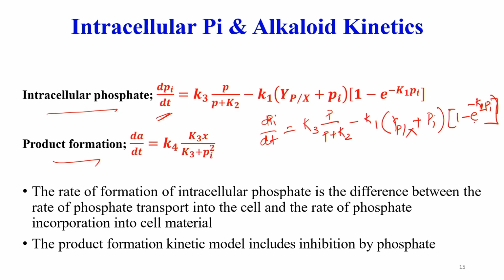What does it say? The rate of intracellular phosphate change should be the difference between the rate of phosphate transport inside the cell and the rate of phosphate incorporated in the cell material.